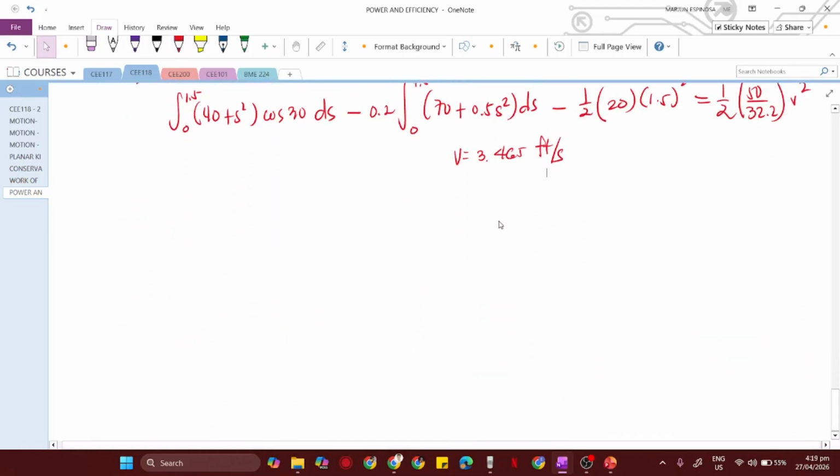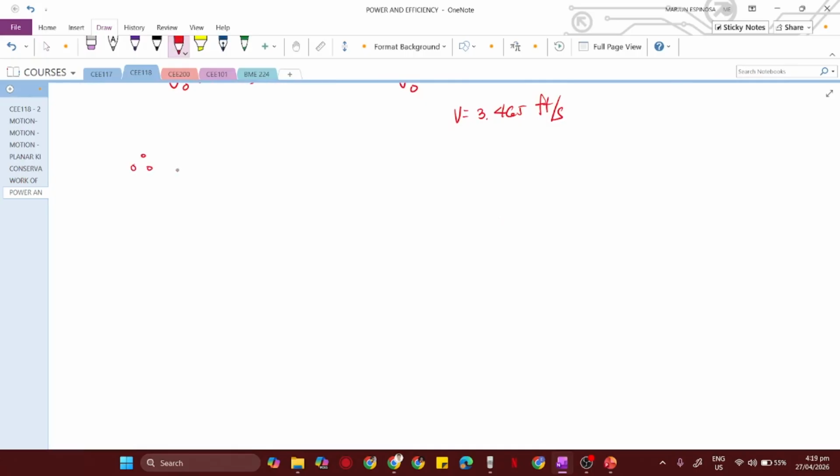Then, proceed na tayo sa power. Then, power, therefore, power is equivalent sa 40 plus s squared, wherein yung s is 1.5 square, then cosine of 30, times velocity, which is 3.465. So, ang labas dito, pound feet per second, then multiply it by 1 over 550 para maging horsepower.